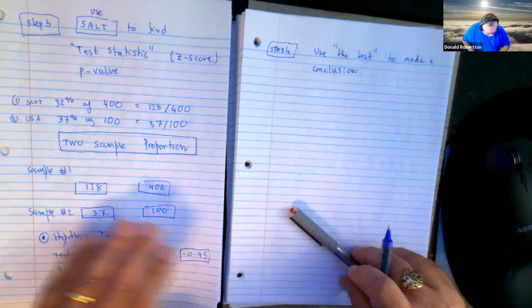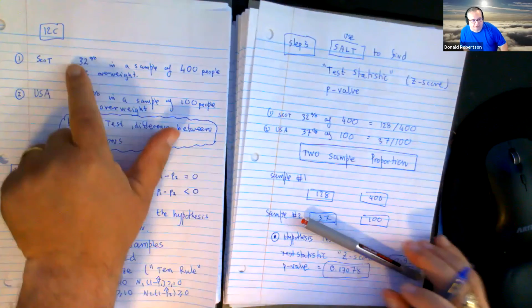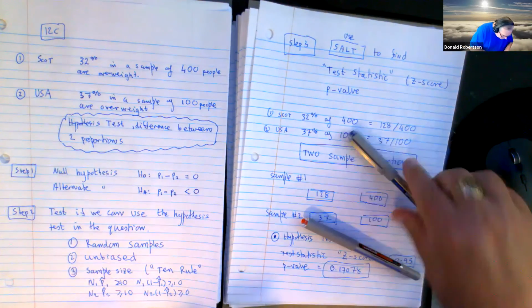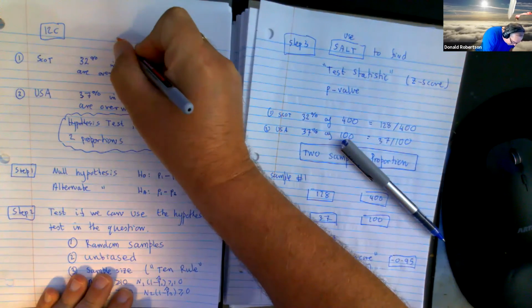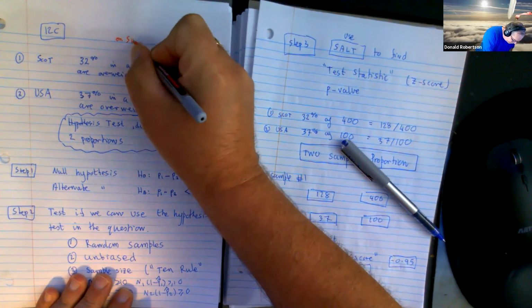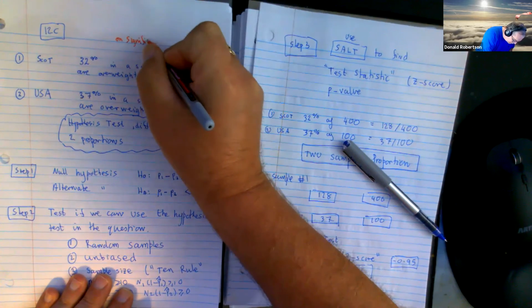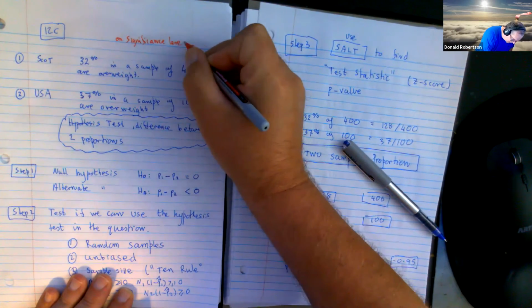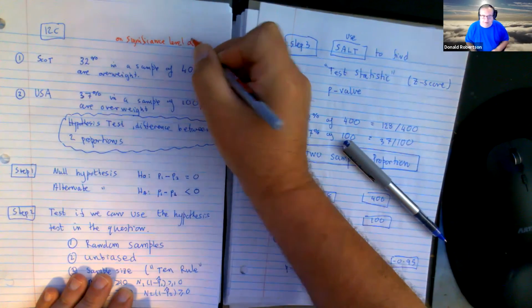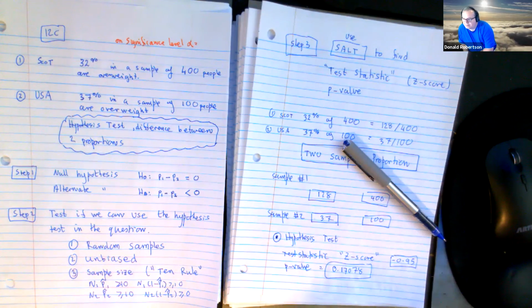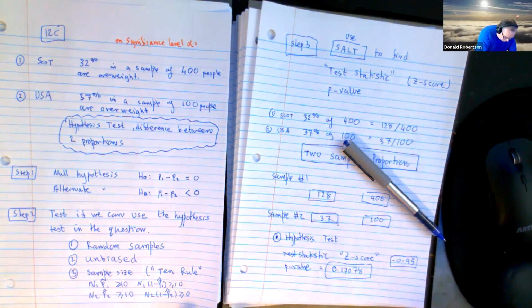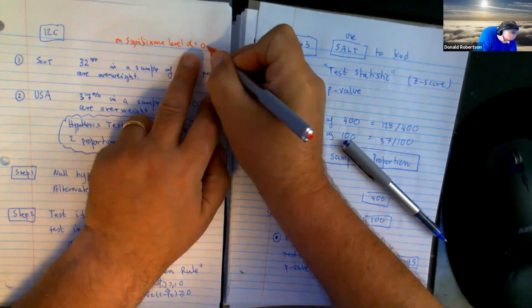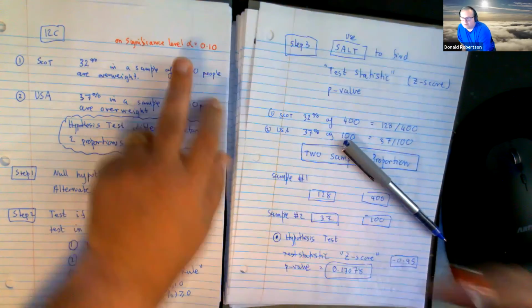Whenever you do a hypothesis test, right at the beginning, you have to decide on what's called a significance level. This is called alpha, and it's typically going to be 1%, 5%, or 10%. Those are the most common significance levels used in science. So let's do a significance level of, say, 0.10.